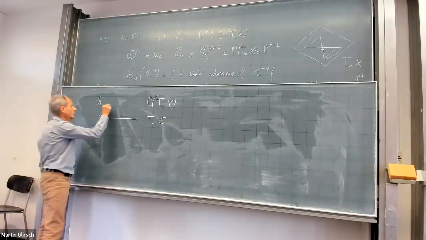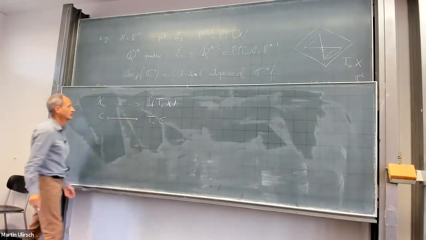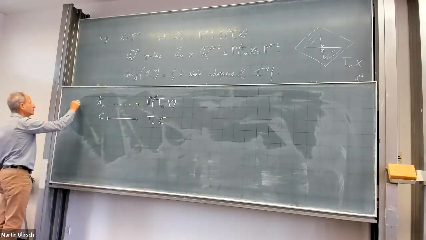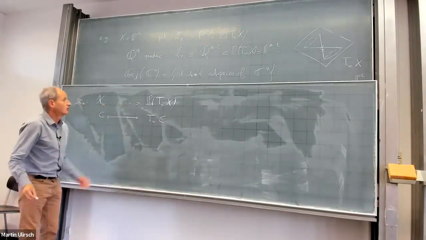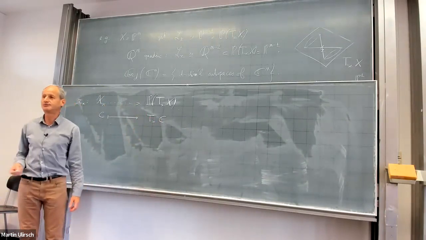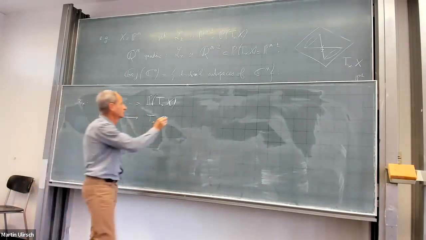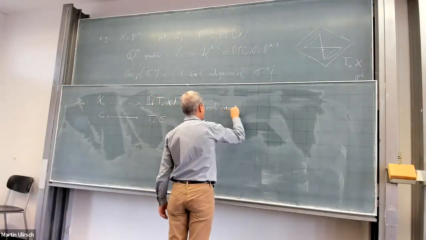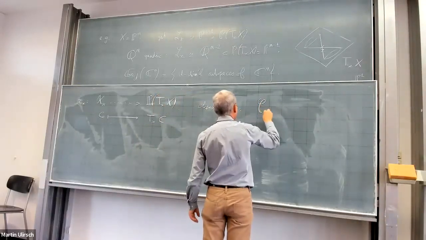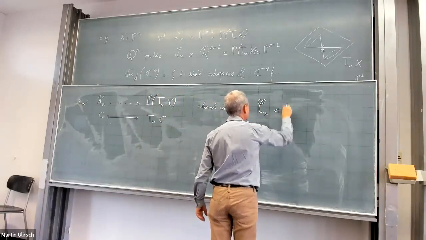So this is just a rational map. Well, a rational map still has a well-defined closed image, which is some variety in the projectivized tangent space.